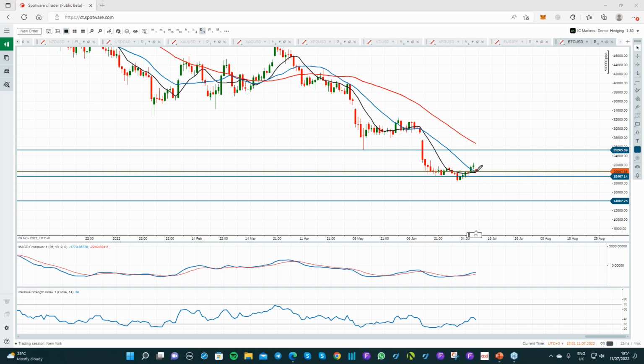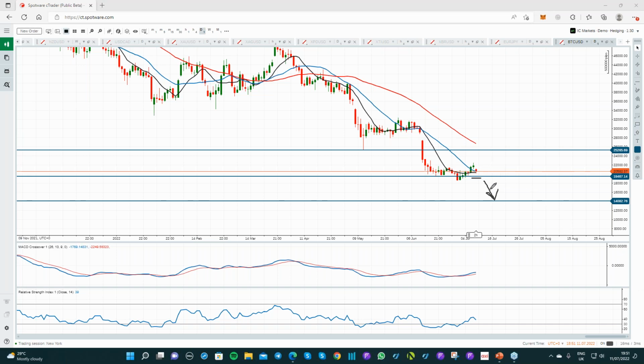I want to wait for a break of this level and then confirmation, whether that is a continuation bar by bar like that, or whether that is a retest of that level and then a continuation. But I have to wait for price to break through that level before I can then trade down to the next horizontal level of support.